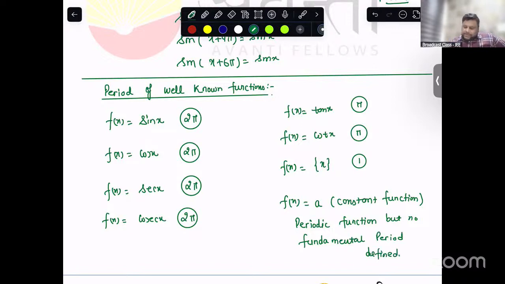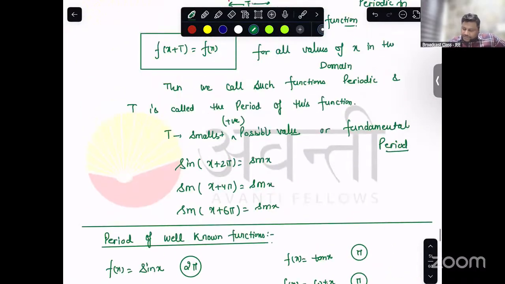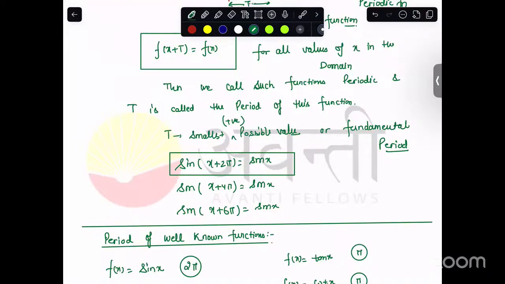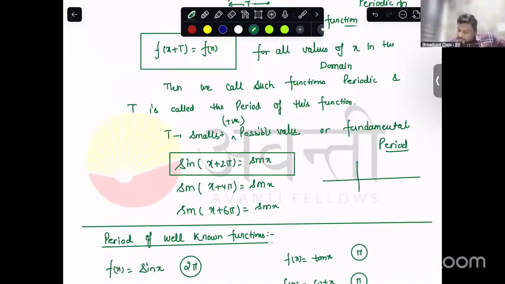If you see this now, sine of x plus 2 pi is sine x. Even if you see the graph of sine x, this is the wave that you are initially getting, and then this wave is again and again repeating. So 0, pi, 2 pi.